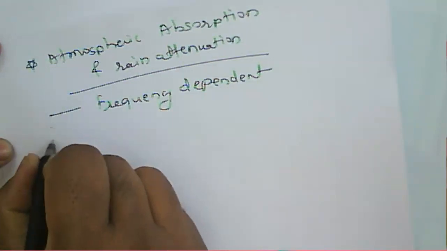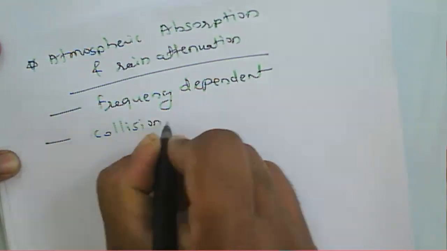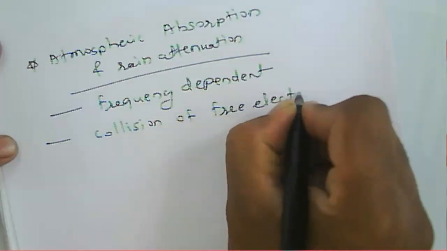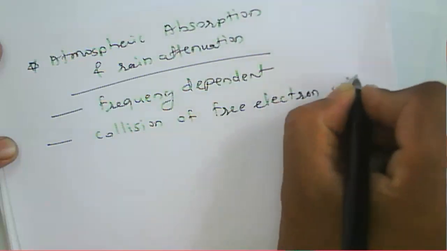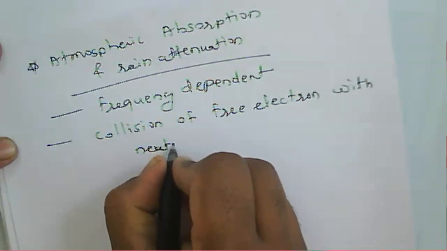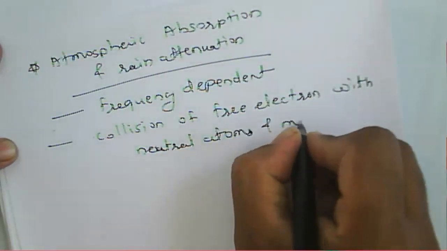So there will be a collision of free electrons with neutral atoms and molecules.